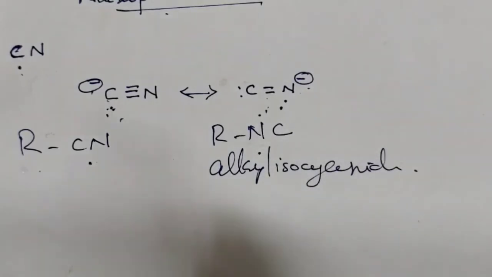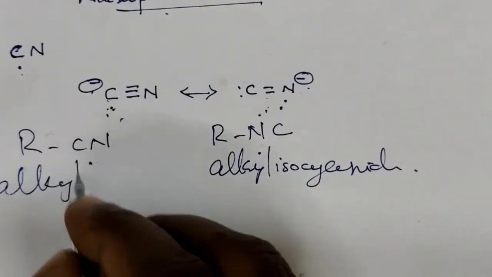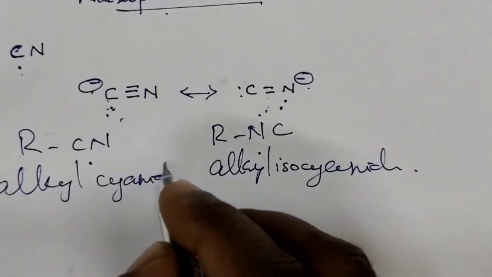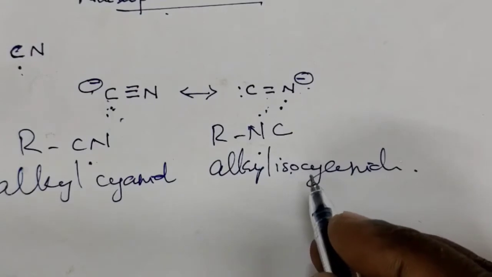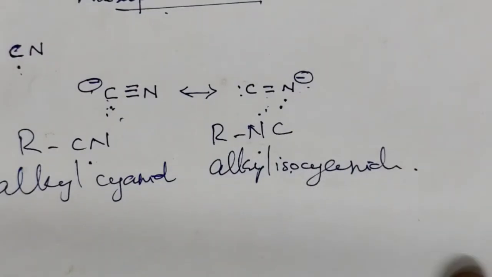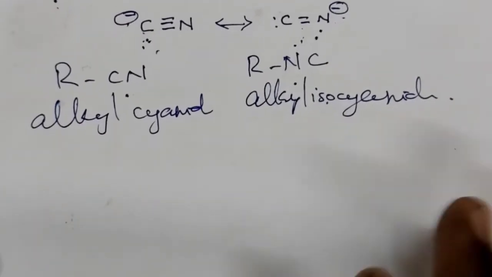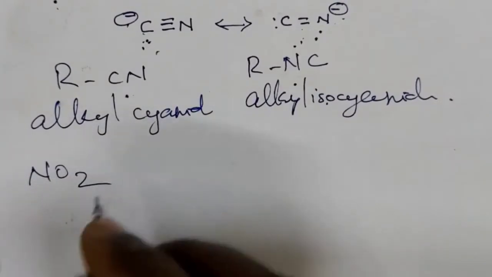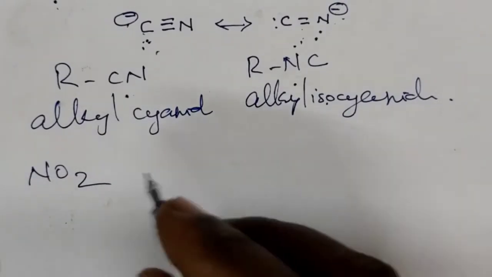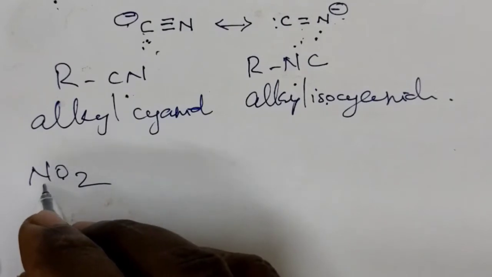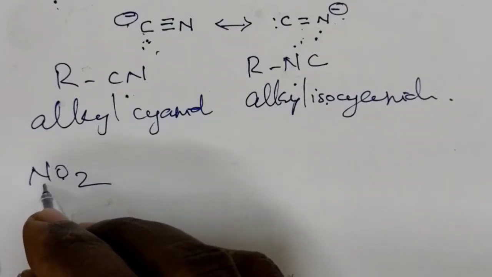So this is called alkyl isocyanide as the product. Similarly, if you take the NO2 nitro group, it also has both oxygen as well as nitrogen acting as nucleophilic centers.